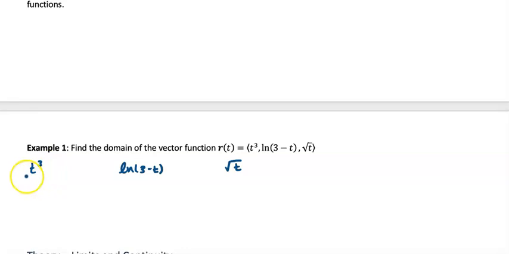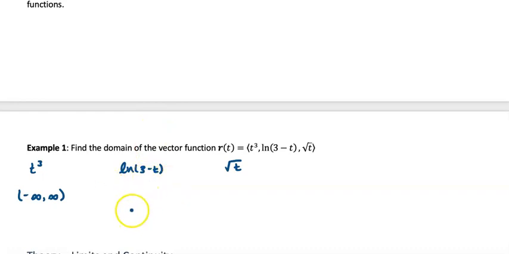So what about t cubed? Well, what is the domain of t cubed? Well, we know that this can be all real numbers from negative infinity to positive infinity. What's the domain of the natural log of 3 minus t? Well, we know that you can't take a natural log of a negative number.